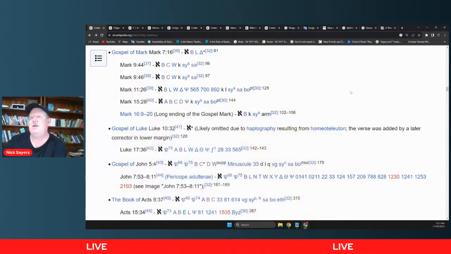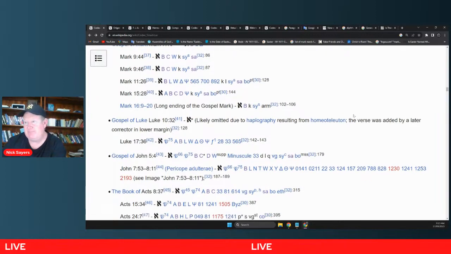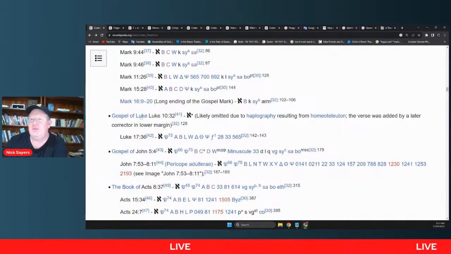And so it's quite amazing that they just delete them. And in the NA28, they're double bracketed, which means that they are completely doubted. So you have 1,637 manuscripts that back up the Textus Receptus reading, but you have two that don't.